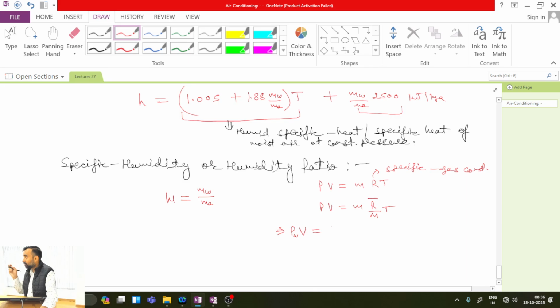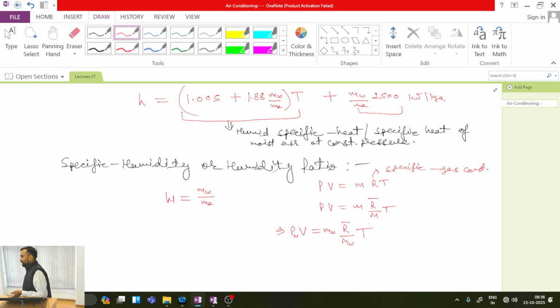Now in the entire volume there will be some mass mw of water vapor, and R bar divided by the molecular mass of water vapor into T. If moisture is contained in this room, dry air and water vapor have the same temperature, so T is the same.